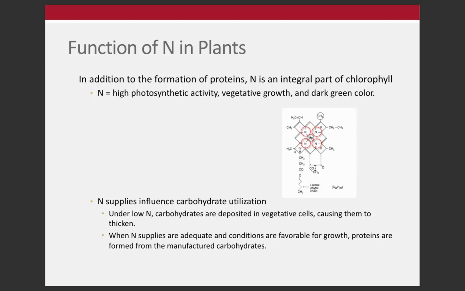So we can think of it as kind of storing fat in plants, or rather storing energy sources. And that is again remobilized and turned into enzymatic energy when nitrogen becomes available.